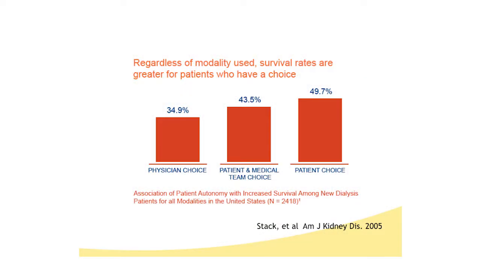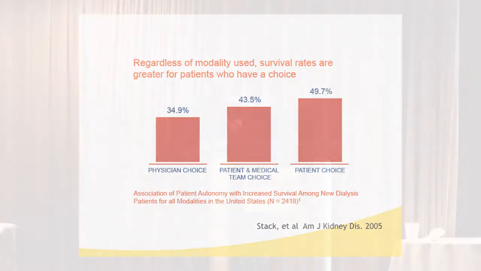Despite everything I've told you about the benefits of certain types of modalities, I think this slide sums up beautifully what I hope you take home today, and that is, regardless of the modality used, whether it be hemodialysis, peritoneal dialysis, or home dialysis, the survival rates for each individual patient are greater for patients who make their own choice or who have a choice.